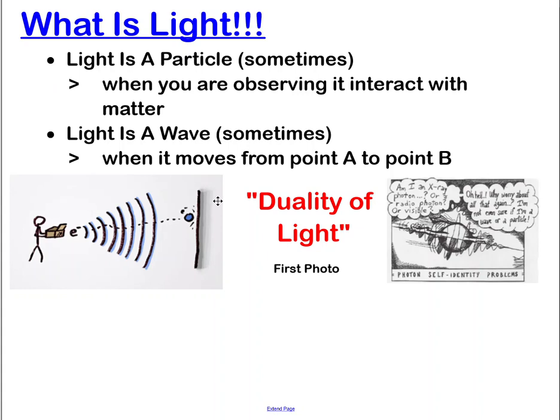It has to interact with the electrons in an atom to cause them to come bouncing out, or change their orbitals. So it has to be a particle, but it also has to be a wave because it can pass through other waves. And so when it moves from one place to another, we think of light as a wave. But when it gets to that place and it interacts with something, we would say that it is a particle.